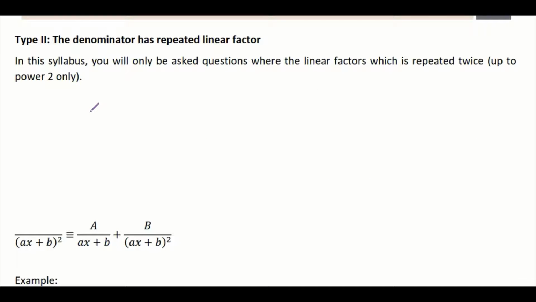For type 2, we will be discussing denominators which have a repeated linear factor. If you recall, type 1 only applies to linear factors that are totally distinct, meaning all different linear factors in your denominator. For type 2, it applies to a denominator which has a repeated linear factor.